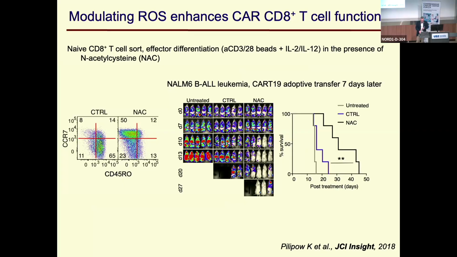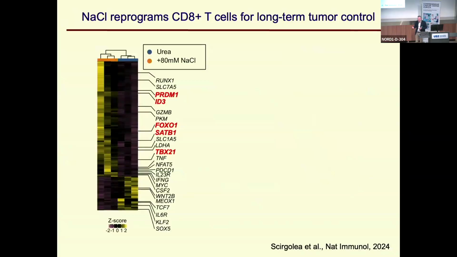And recently, this is something that was completely unexpected to us. We have also seen that by metabolically reprogramming the T-cell product by using sodium chloride, we can actually induce this coexistence of stem genes and memory genes and effector genes at the same time in the same population.